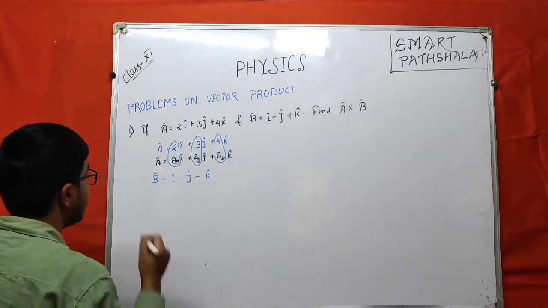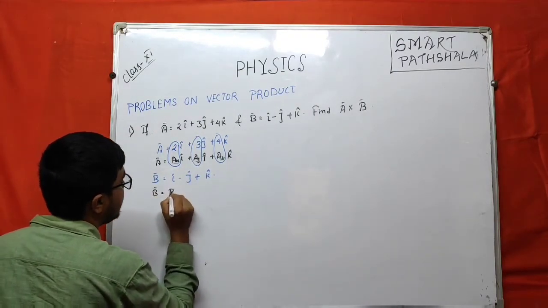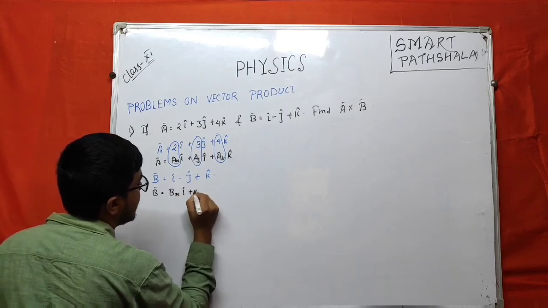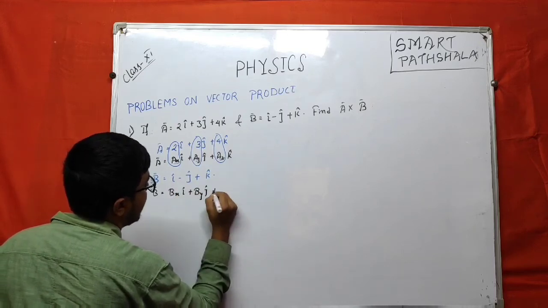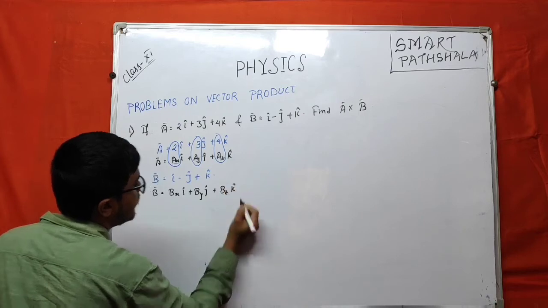Now similarly, B vector is equal to BX I cap plus BY j cap plus BZ k cap.